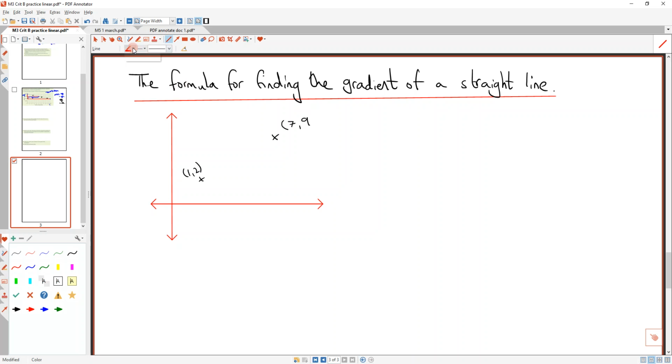Okay, so it's just a sketch. It doesn't need to be drawn to scale or anything like that. This is my x-axis, and this is my y-axis.